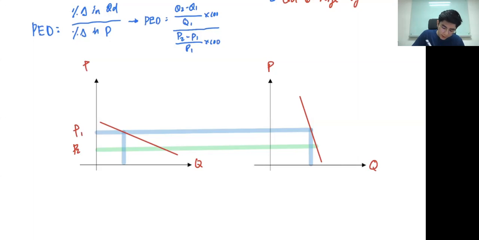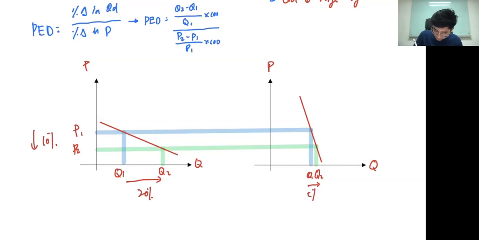Let's say the price decreases 10%. As you can see here, the quantity demanded increases from Q1 to Q2. We can simply say that it's 20%, which is definitely more than the change in the price. But when you look at this one, the quantity change is so small, probably just 5%.